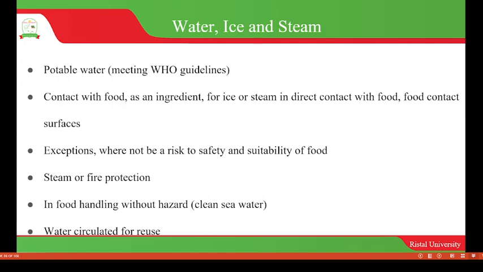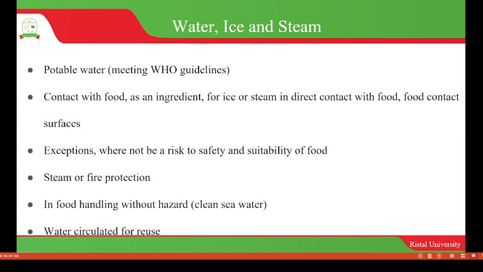The next area covered by good manufacturing practices that we are going to look at is water, ice, and steam. In the establishment, we should always use potable water, and this potable water should be the one which meets the World Health Organization guideline.